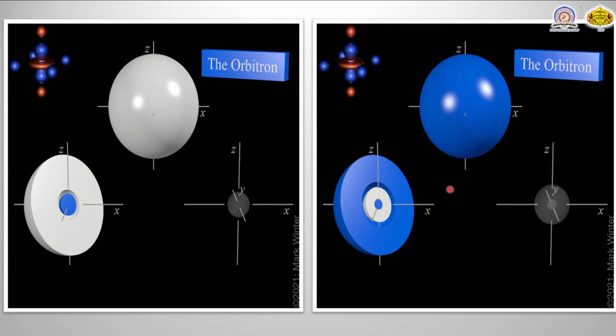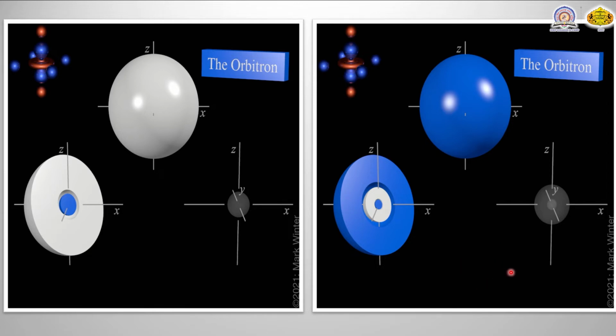Likewise, in the case of the 3s orbital, the inner core represents 1s, the second white core represents 2s, and the outermost dark blue core represents the 3s orbital. The number of nodes for the 3s orbital is n minus l minus 1, where n is 3, l is 0, and minus 1.